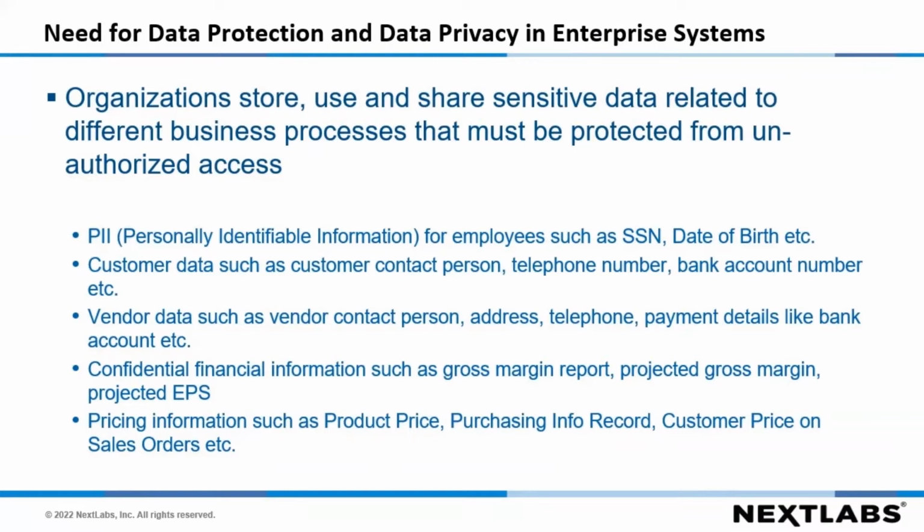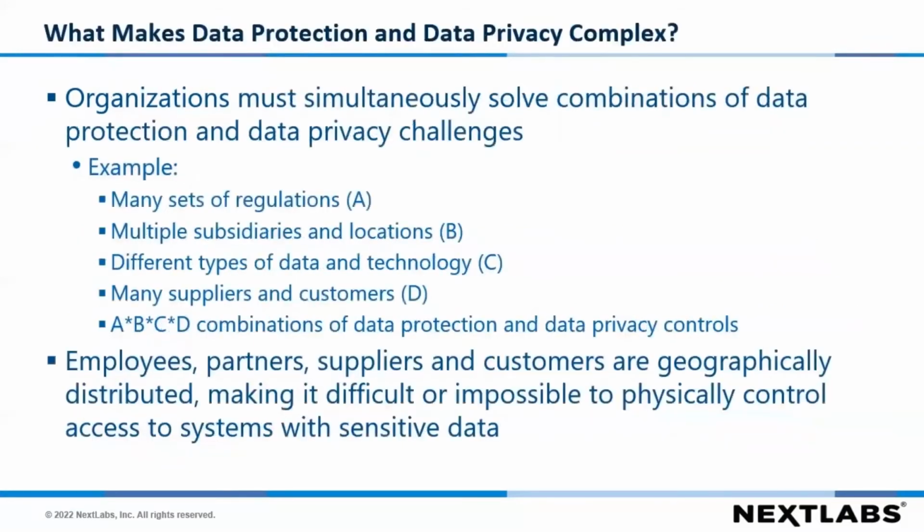And a lot of times all of this is stored in enterprise systems that are shared between different organizations within a company, as well as potentially with outside vendors who need access to some of that information. And there are many different combinations of factors that lead to an exploding number of different challenges. There may be many sets of regulations dependent on the type of data and the places that a business is operating in.